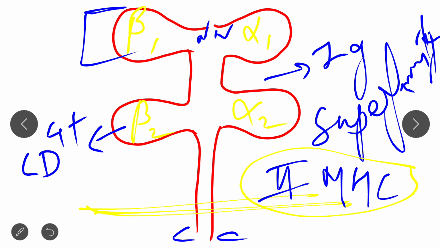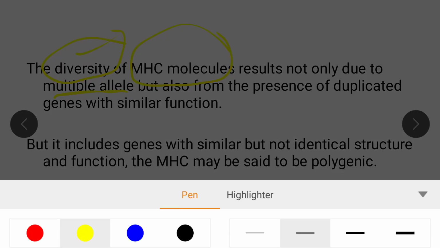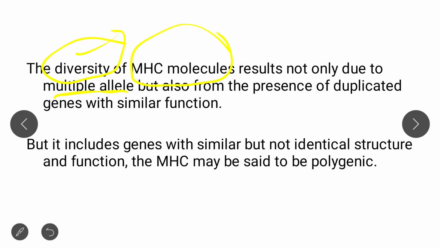Now, before I complete this lecture, one important thing that I want to teach you is about the diversity of MHC molecules. Yesterday I taught you that the diversity of MHC molecules is due to multiple alleles. But there is also another reason because of which diversity increases, and that reason is the presence of duplicated genes.